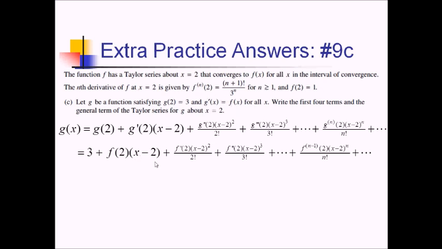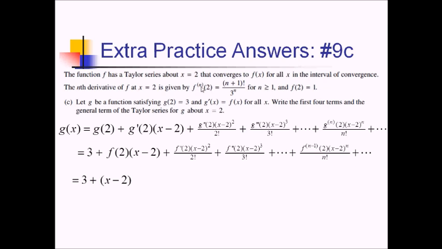So now we actually have to go and get some constants for all this. So let's see, we still have a 3 here. F of 2, they already told us that way before. That was 1. So this is really 1 times x minus 2. So we've already got the first 2 terms. This is great. F prime of 2, well, here's what f prime is doing, or f, the nth derivative of f at 2.